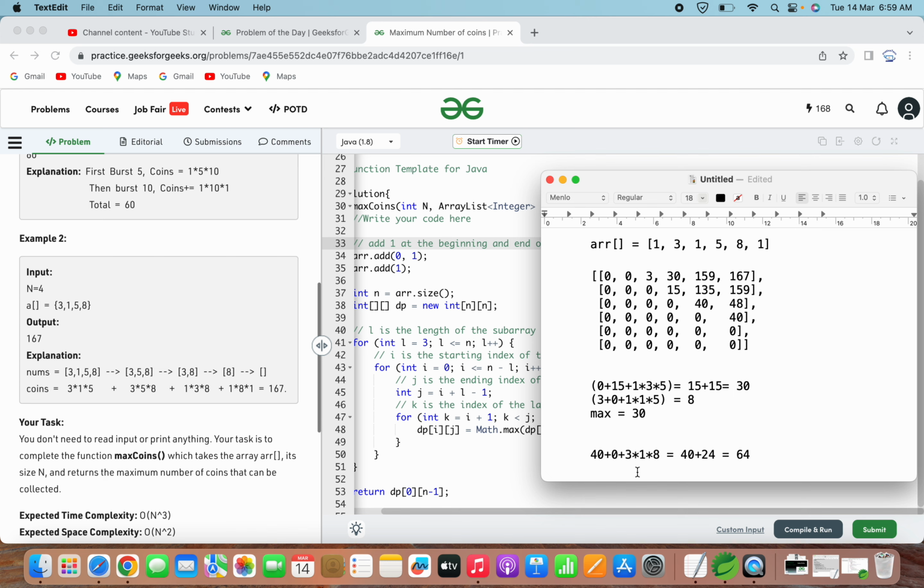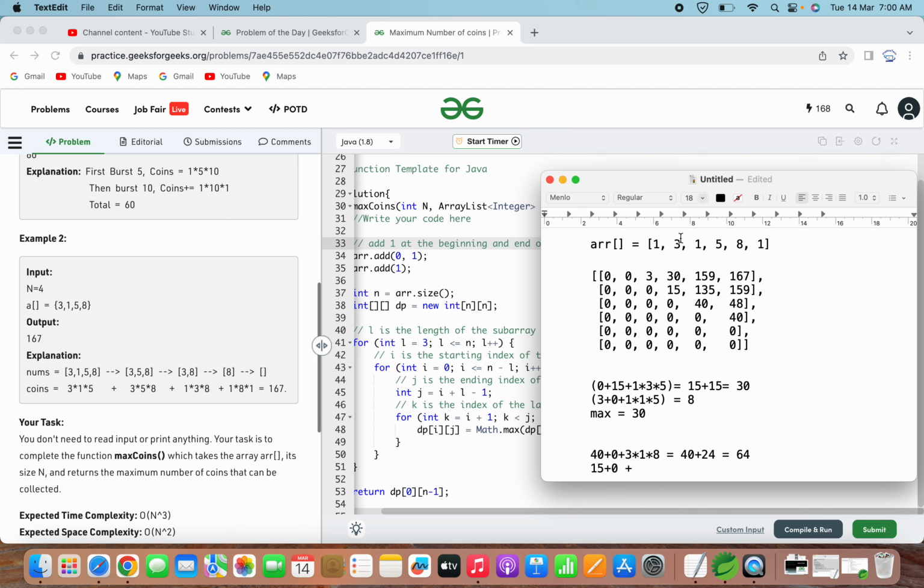So this time we will consider 15 plus 0. Then last time we took the k value as 1, starting from 3 to 8. This time we will take the array of k, that will be 5. So 3 into 5 into 8.